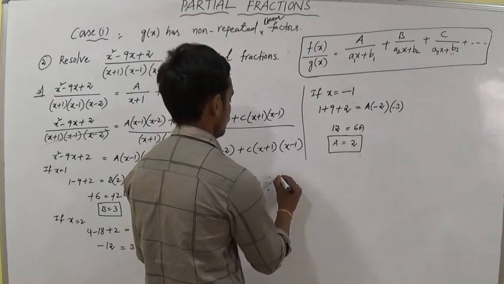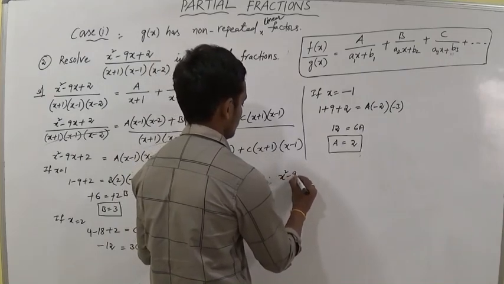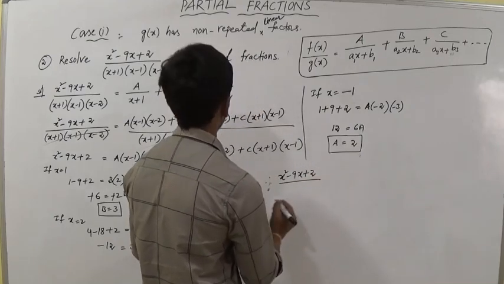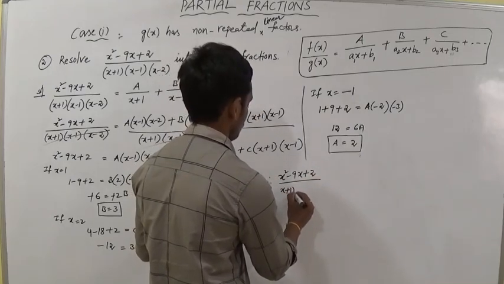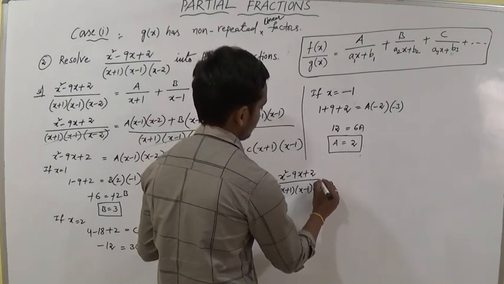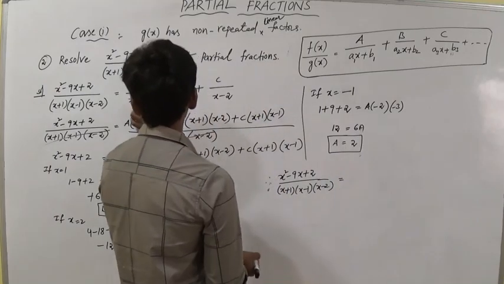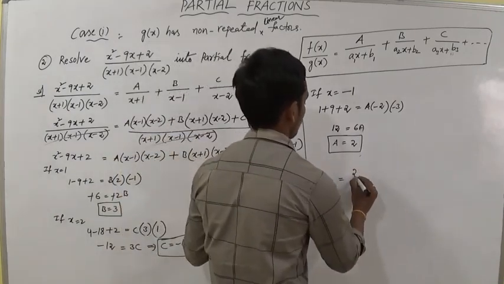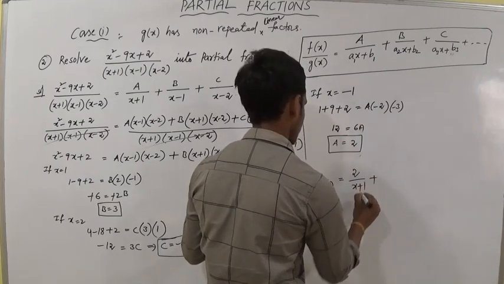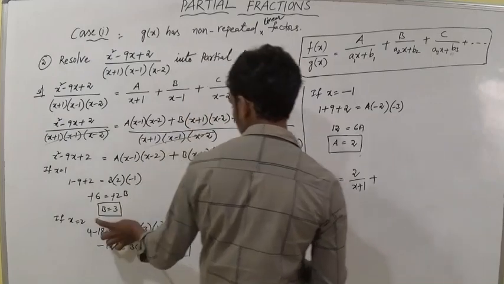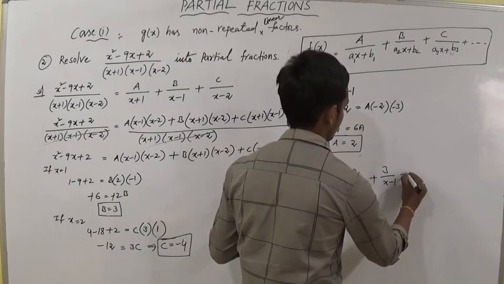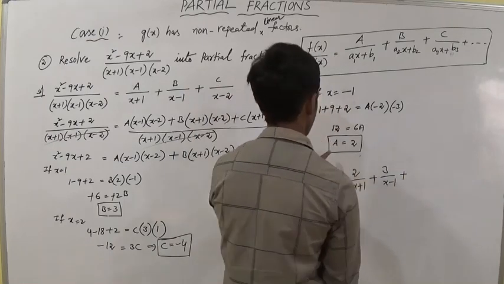Our problem is (x square minus 9x plus 2) by (x plus 1)(x minus 1)(x minus 2) is equal to A by, what is A? 2 by (x plus 1) plus B by, the value of B is 3, 3 by (x minus 1) plus C by, what is C?